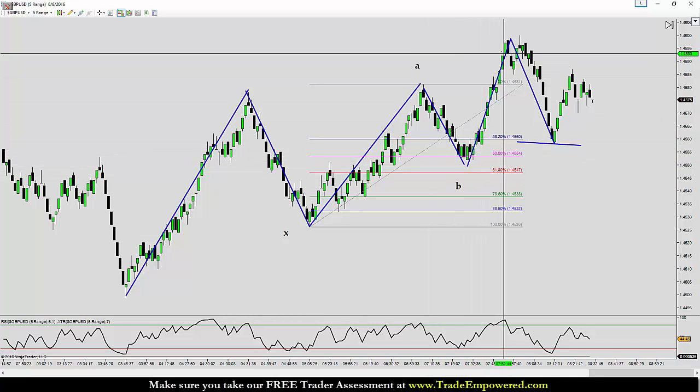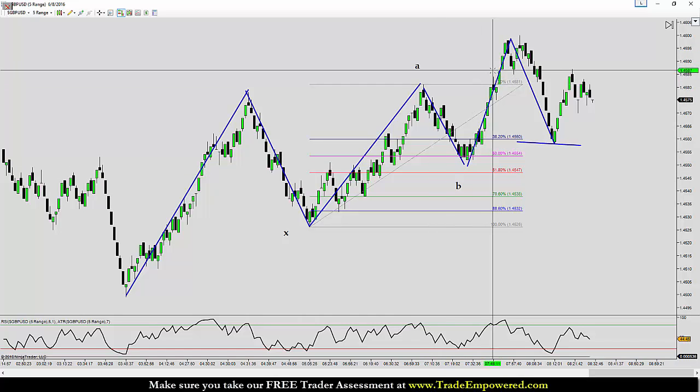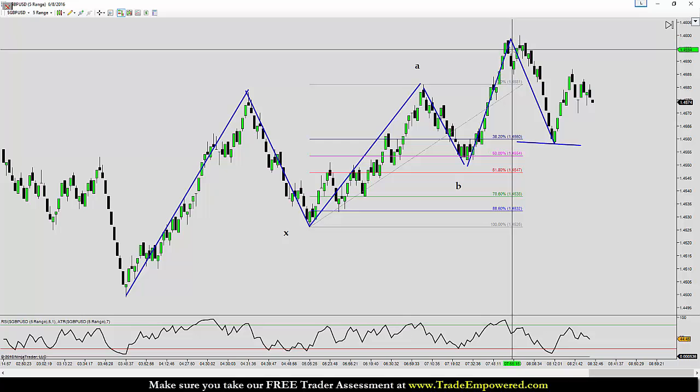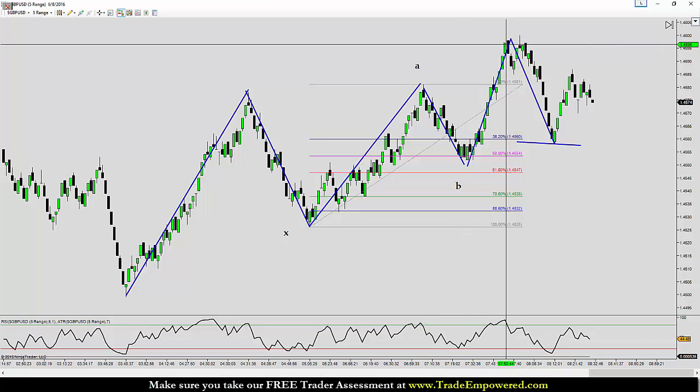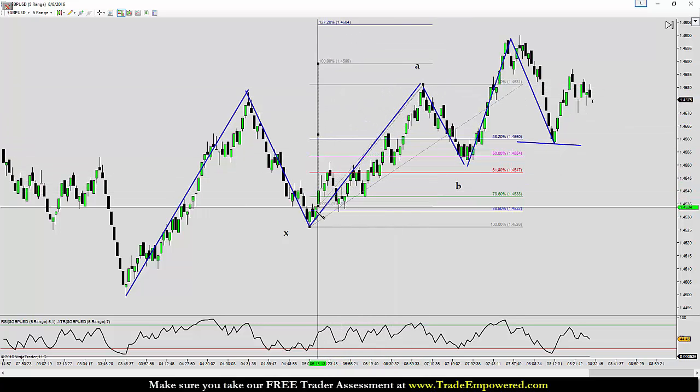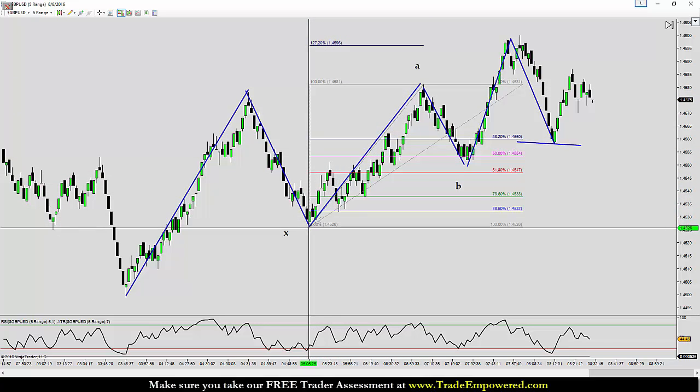Then when we see the break and close above A here, we know that we're on what type of alert? I don't know if the ratios will match up, but yep, we're on cipher formation alerts. Let's take our Fibonacci extension from our X leg to our A leg, back down, and you get that.